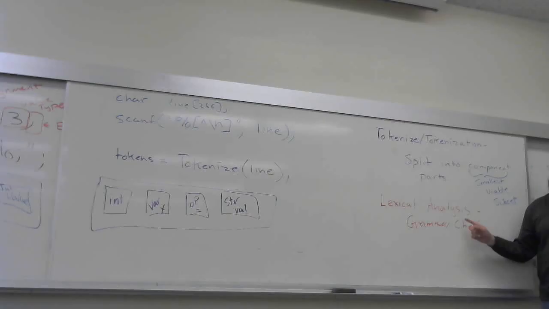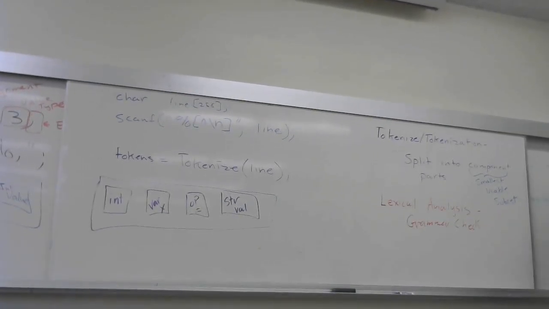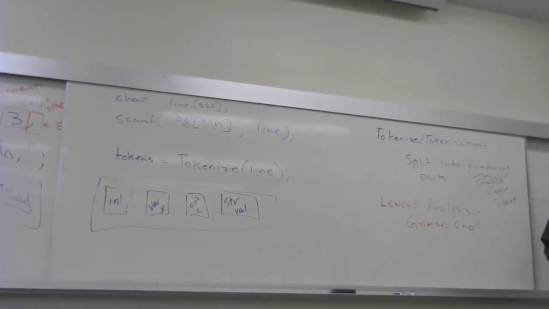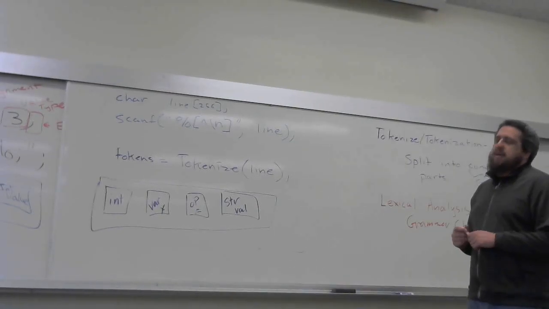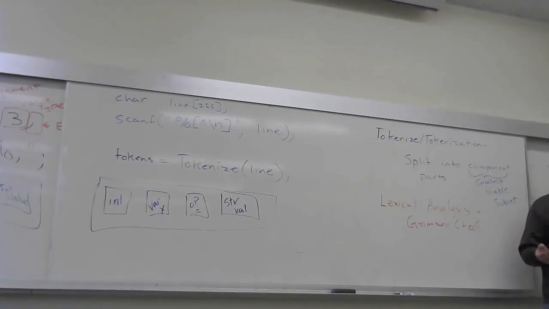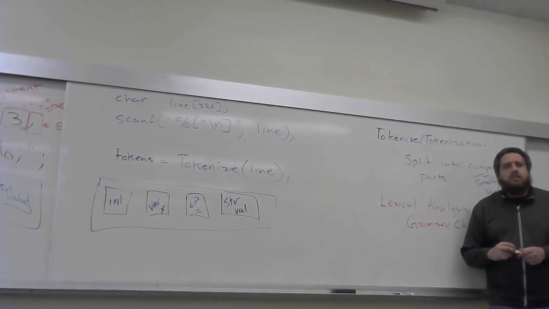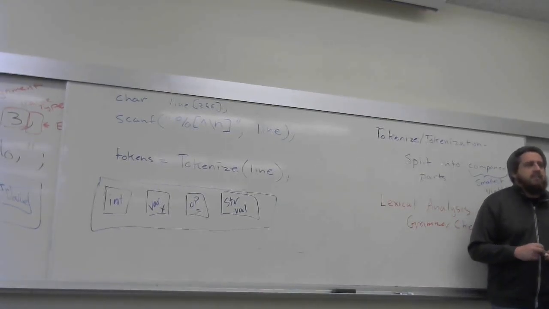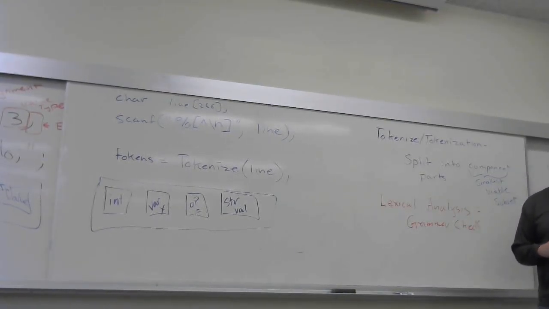But grammar check is really the lexical analysis here. The grammar of the language is defined by the lexicon. And when we talk about lexicon, what does that mean? What is the lexicon of a language? All the words that make it up, and the structure they can be put together in.